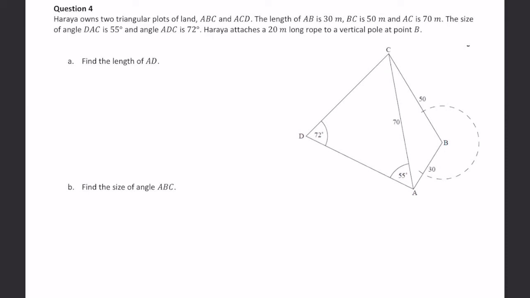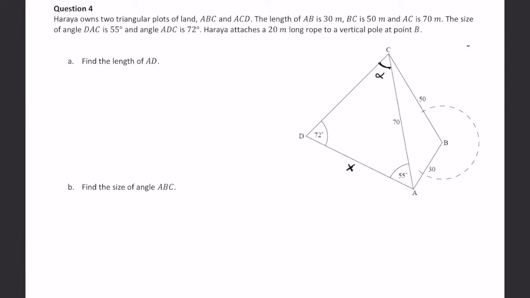So what we're looking for here in part A is the length of AD. Our strategy is to find this angle up here, which I'm going to call alpha, and use that angle to find the side that we ultimately want, which I'll call side x. The first tool is triangle angle sum, and the second is the law of sines.